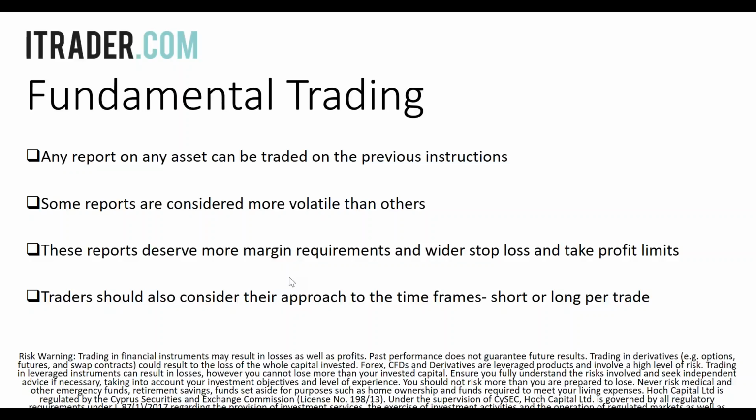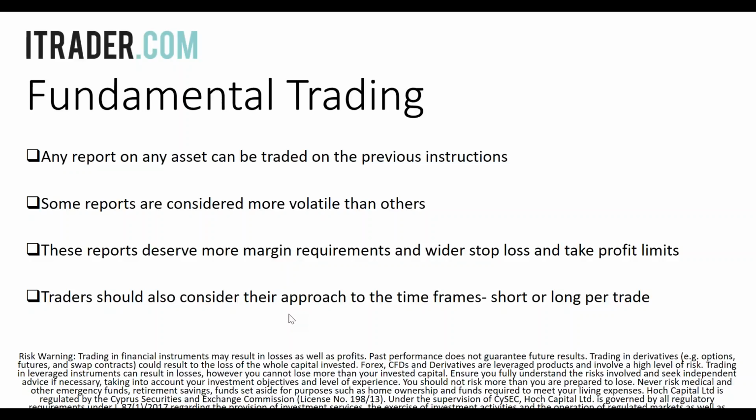The big fundamental events, the biggest ones in the market, like the NFP, interest rate decision, and so on, we expect higher movement of the prices of the assets. So you're going to need to work with a bigger portfolio and give yourself limits that can be at lower and higher points than usual for take profit and stop loss.